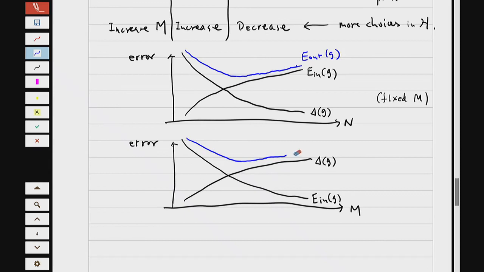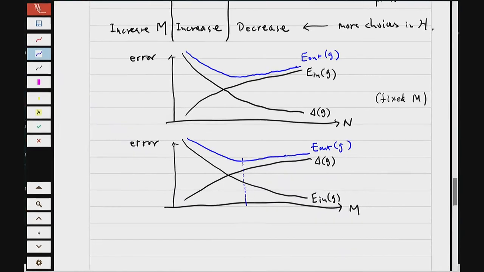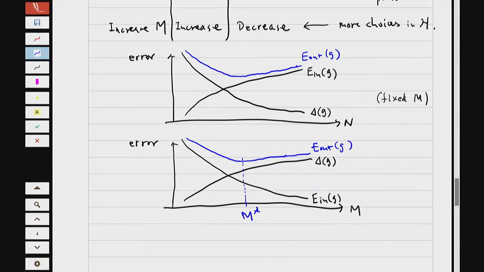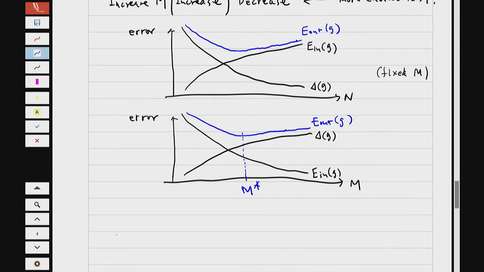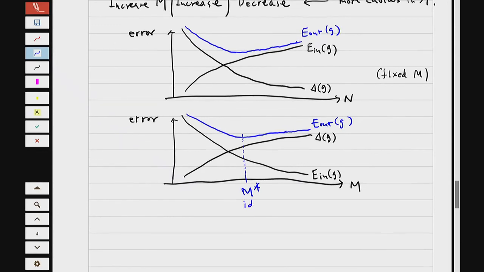Anyway, E-out of g like that. Okay, and maybe there's an optimal point here for the model complexity. So this M star, optimal model. If you have to pick a model, do I pick a linear model, quadratic model, or neural network? Well, there is an ideal point. It's not true that the more complex your model, the better.